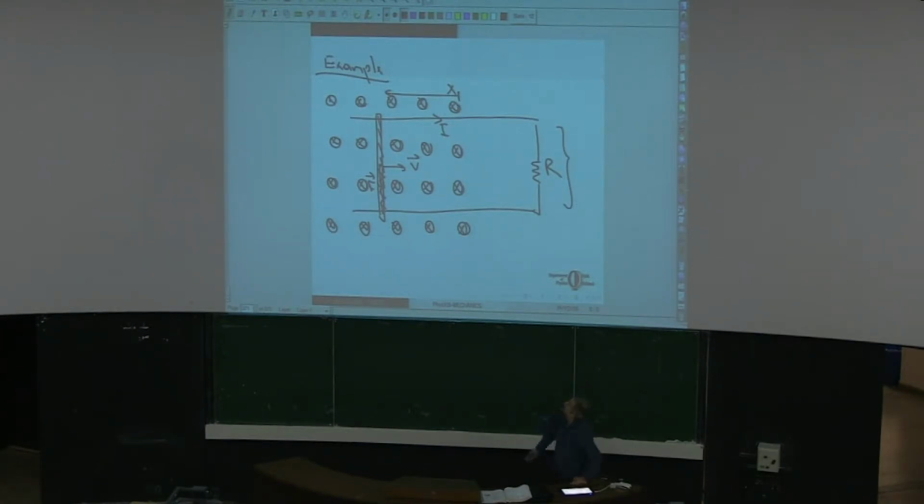Now, first, this is our area, this whole region is our area. What would you like to be the direction of this area? Now, you see, the area vector is perpendicular to our area. So it has to be either out of the screen or into the screen. Out of the screen. So this is the direction that we choose for ds.